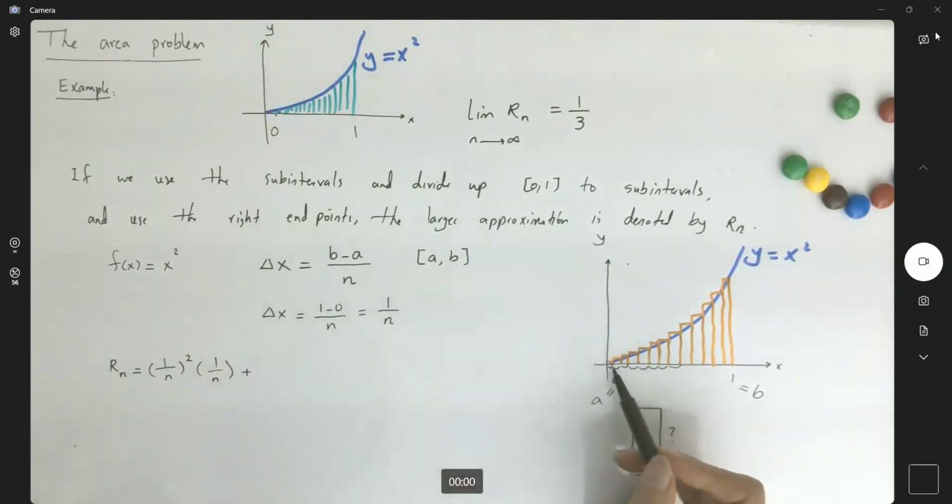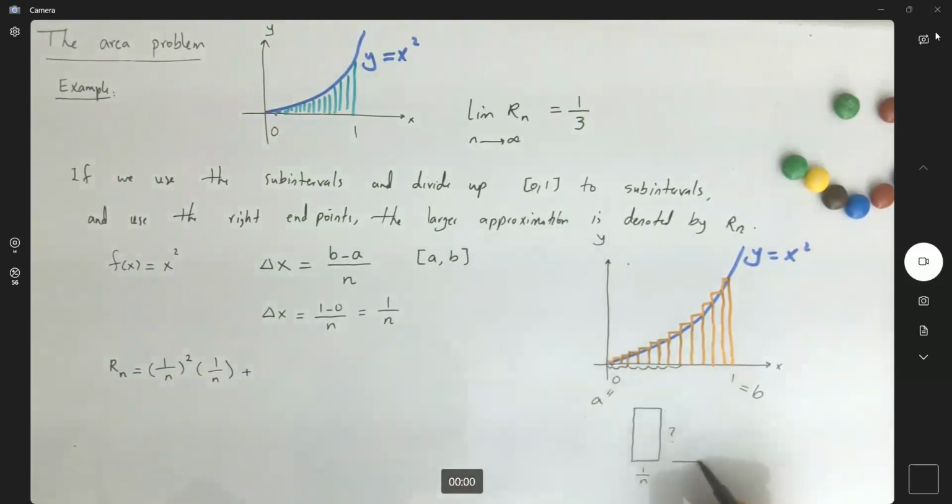What about the second endpoint? It's going to be 2/n. So now here you have, the length is 1/n, but the number on the right-hand side is going to be 2 over n because it starts at 0, and then you just magnify this so you can see what's going on.